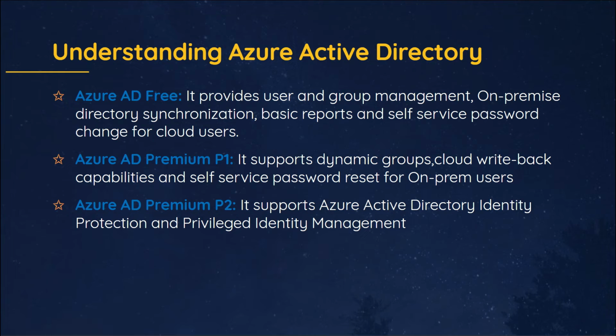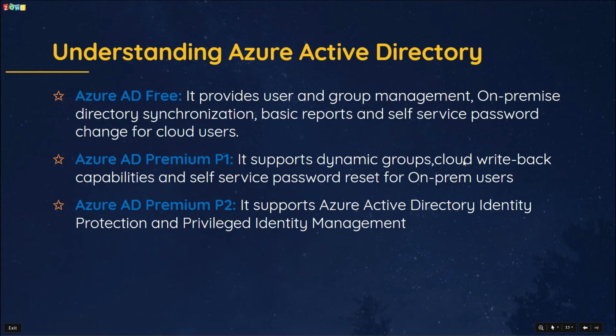It also provides basic reports, and it gives the option of self-service password change for cloud users alone, not on-premise users. If you want to do a self-service password reset for on-premise users, you need to buy the premium one. And it also supports write back capabilities.